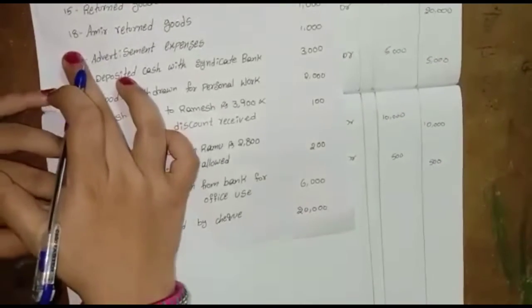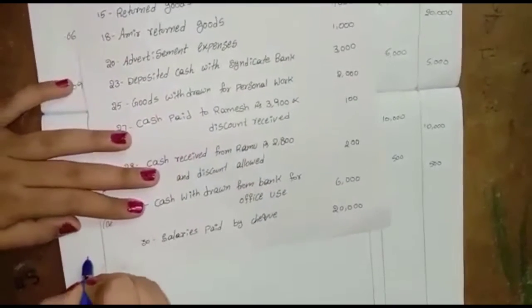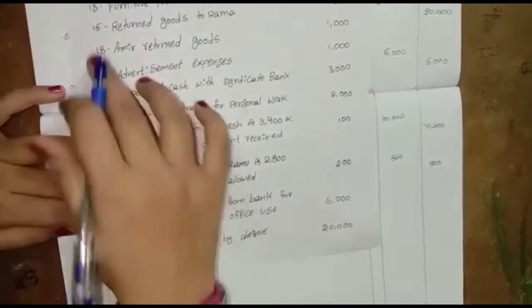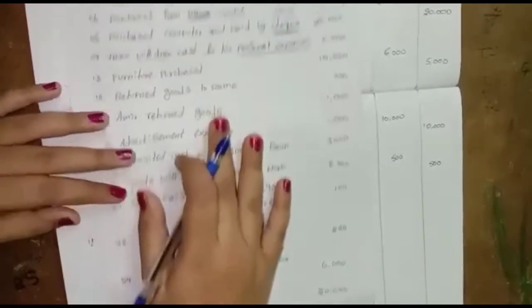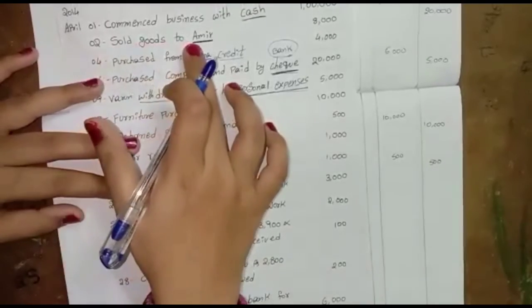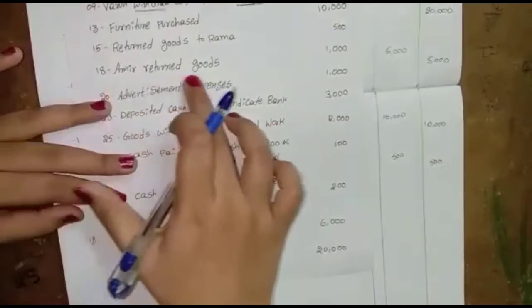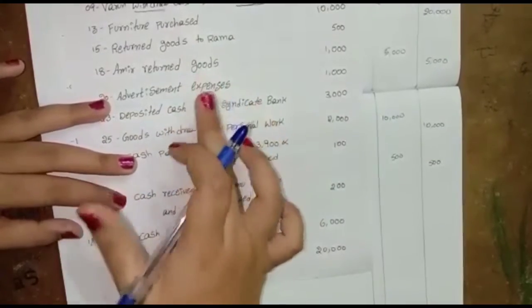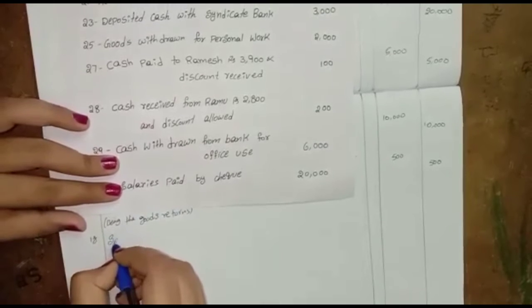And our next transaction was held on 18th. Amir returned goods. We had sold goods to Amir, and those goods have been returned to us. So it would be sales returns.